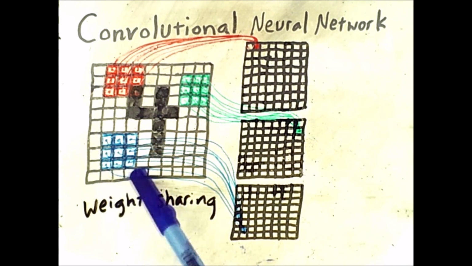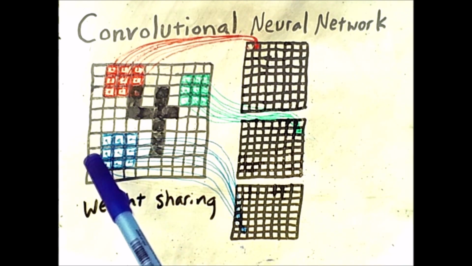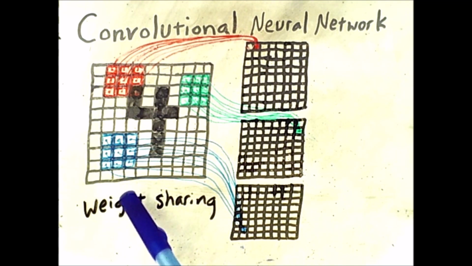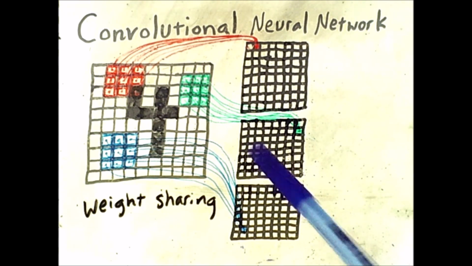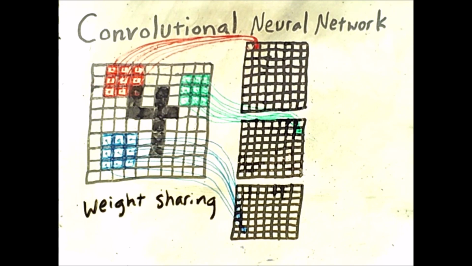And for a local receptive field here, that is one in from the right and one up from the bottom, we would likewise have a target hidden neuron that is also one from the right and one up from the bottom. Each of these filters covers the entire input space and creates what's called a feature map of where that particular feature is present in the input.